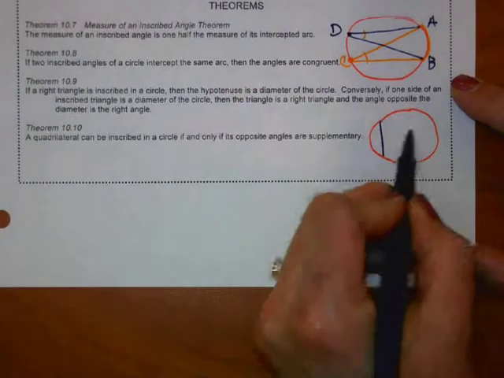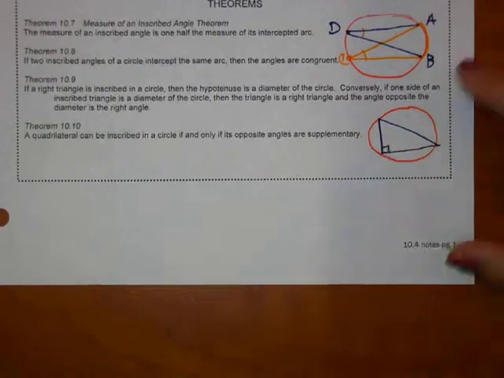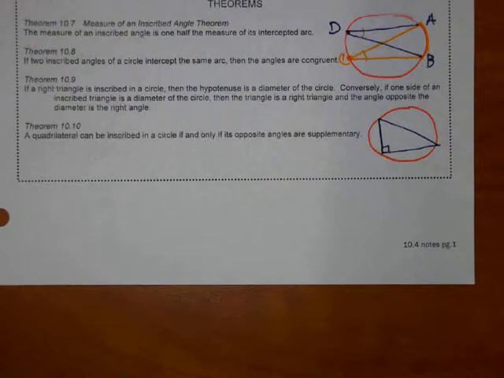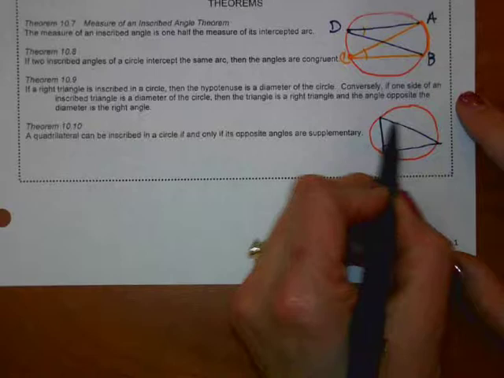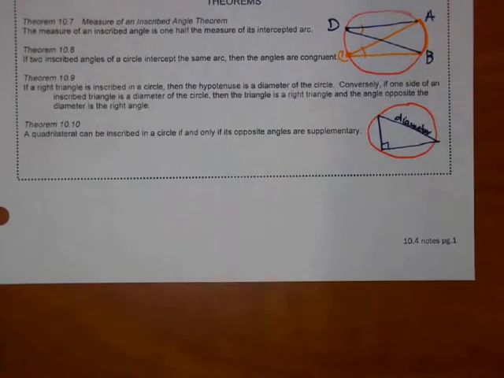It's kind of hard when your circles aren't exact. Mine's a little bit off, but what it's saying is anytime you have a right triangle inscribed in a circle, the hypotenuse will always be the diameter. Because that's the only way it would fit. Oh, okay. My circle's a little off.